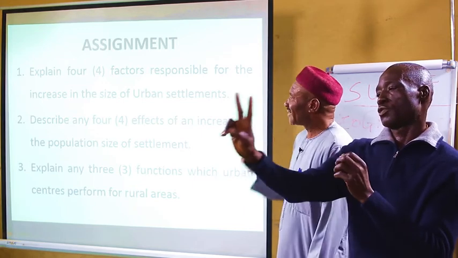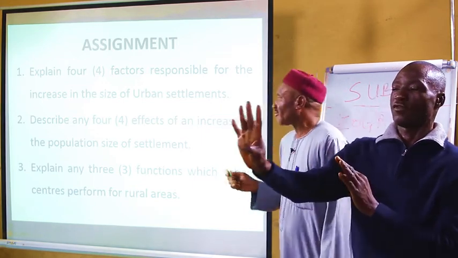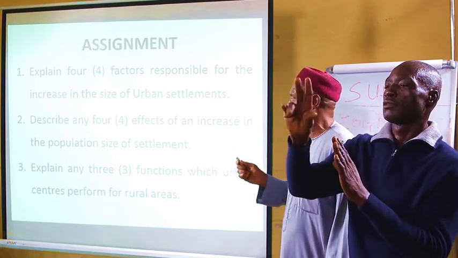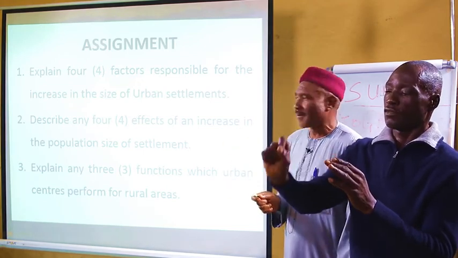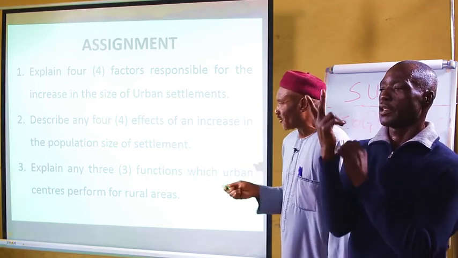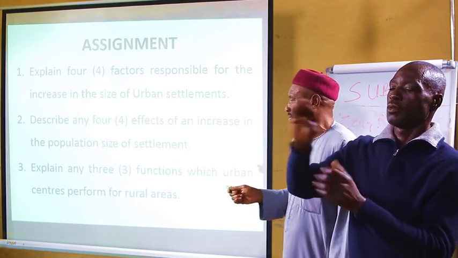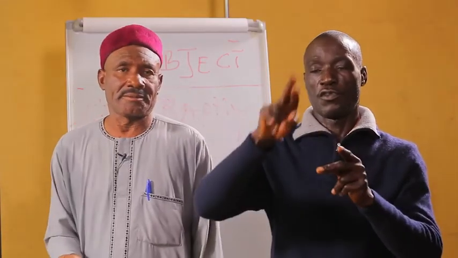Number two, describe any four effects of an increase in the population size of a settlement. Number three, explain any three functions which urban centers perform for rural areas.